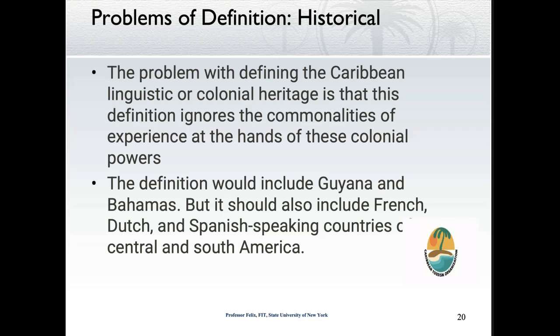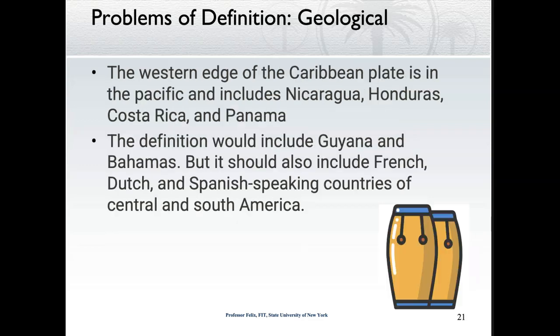So meaning that the Spanish-speaking Caribbean, the English-speaking Caribbean, the Dutch and the French all experienced colonialism to a certain extent, but there are particular differences in terms of how colonial rule was carried out, right? So this is not a complete definition. The definition will include Guyana and Bahamas, but it should also include French, Dutch, Spanish speaking countries if we are to use that definition. So again, problematic.